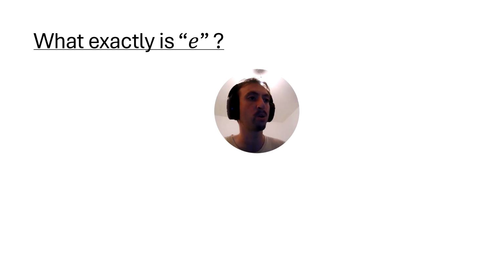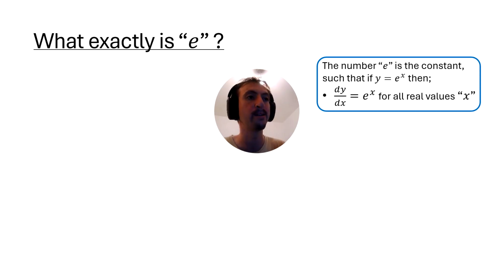And it turns out, yes, there is a special constant that a can take, such that this is true, and that constant is called e. So e is a constant such that if y equals e to the x, then dy by dx will always equal y.